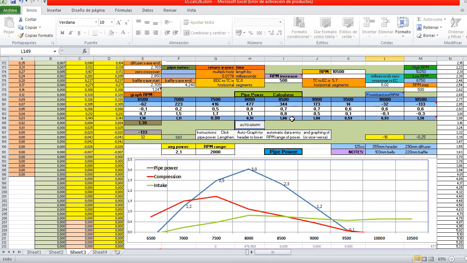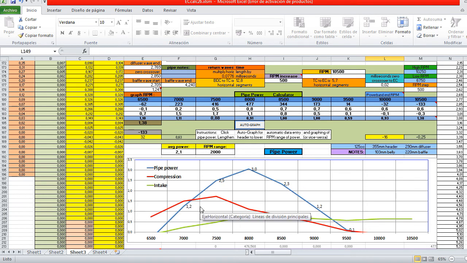When you multiply anything by 1, you still have the same number. This showing right here at 9,500 RPM, the wave has been reduced to 59%. And here at 7,000 RPM, the wave is increased by 11%. So these are multiplication factors for the final numbers that are determining the pipe power in this graph here.